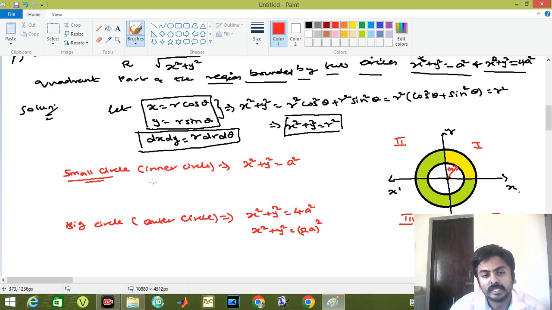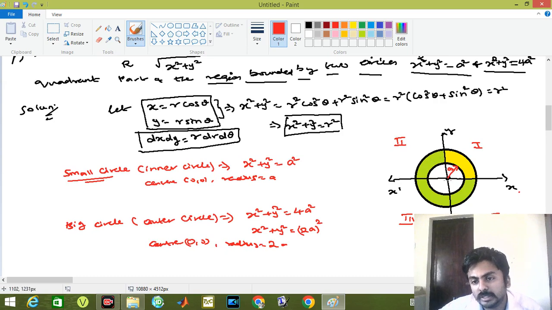So here the center is 0, 0 and the radius equals a. Here also the center is 0, 0, but the radius equals 2a.